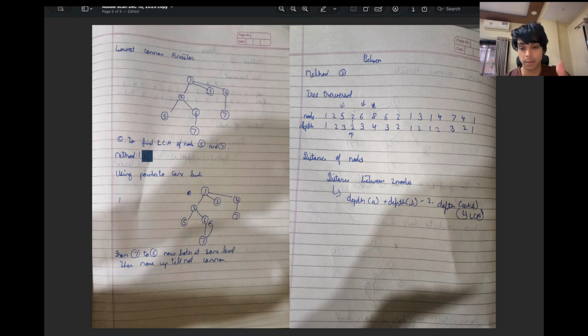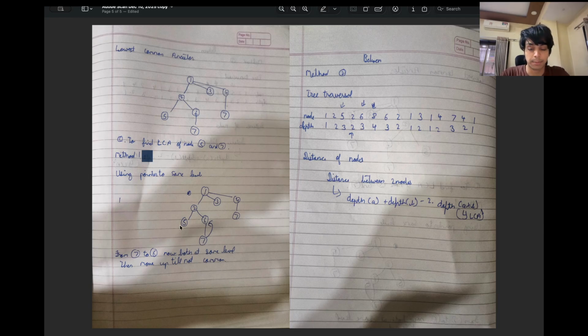Let's take an example. Suppose we want to check the distance between node 5 and node 7. That's the 7 under 4, the actual 7 which should have been. So how do we do it? We go from 1, we go to 2, and we go to 5.